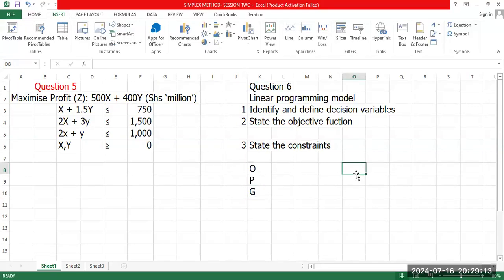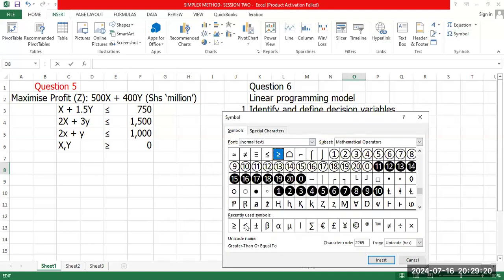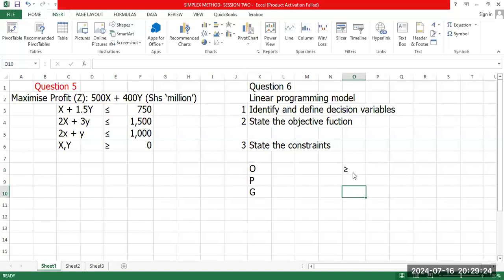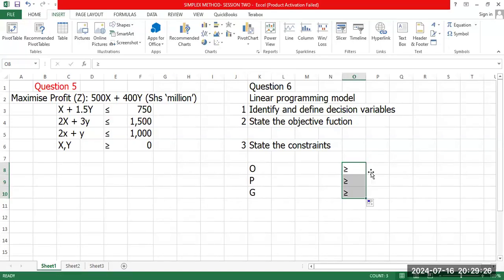They are saying at least. At least, which sign? Greater or equal to. So I can put here greater or equal to. I'm just trying to interpret the question. For O is how many?